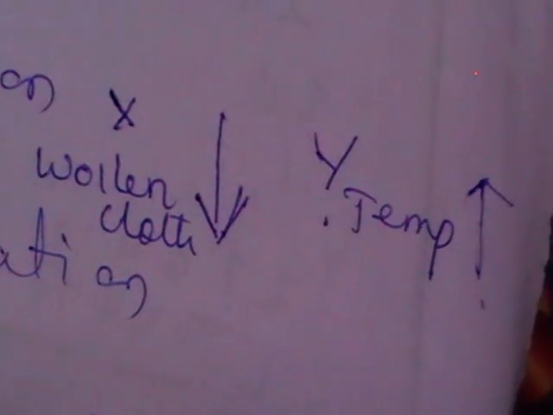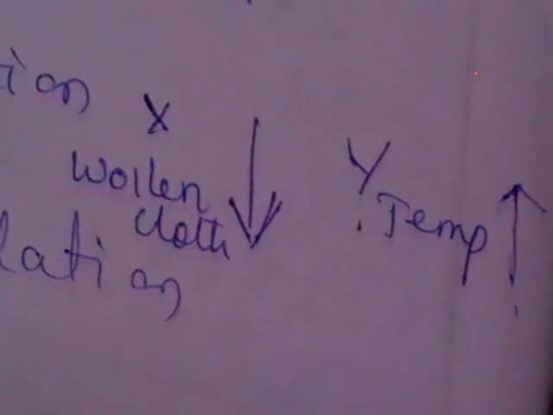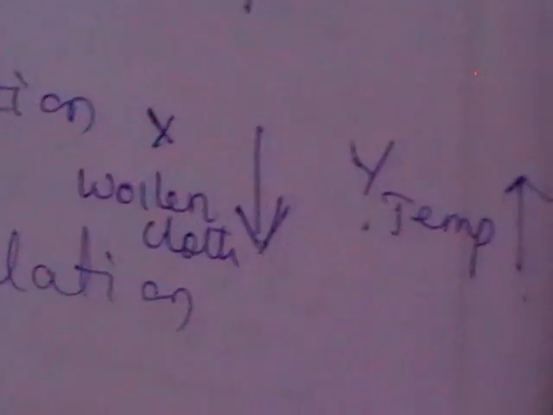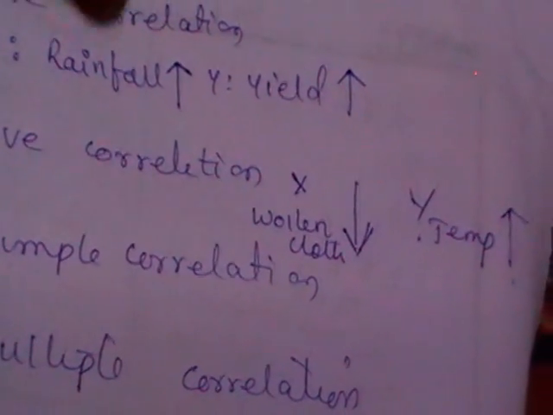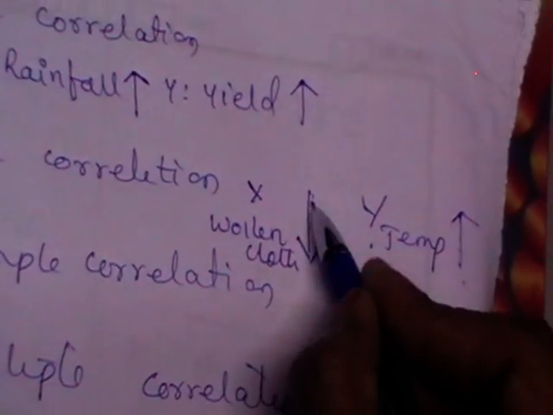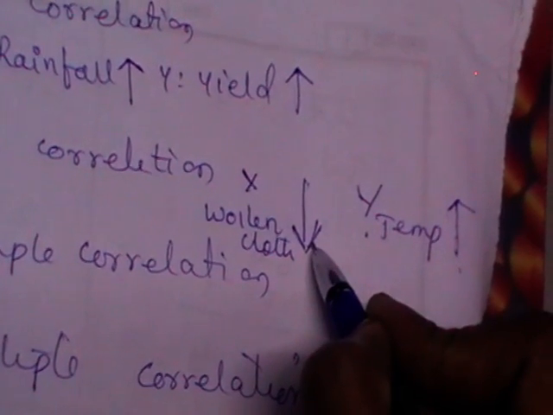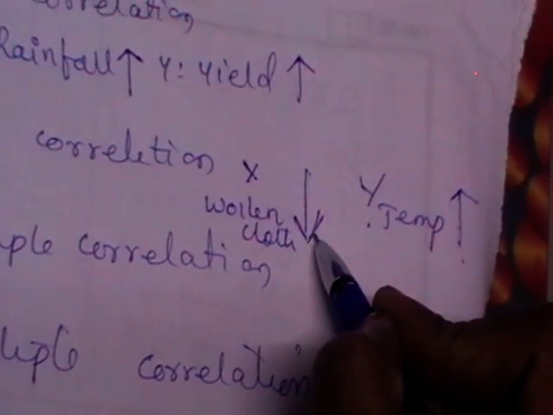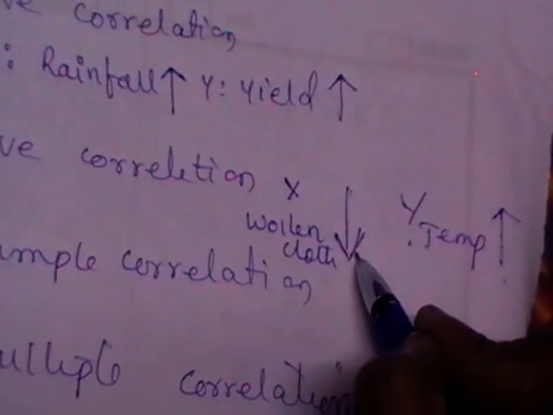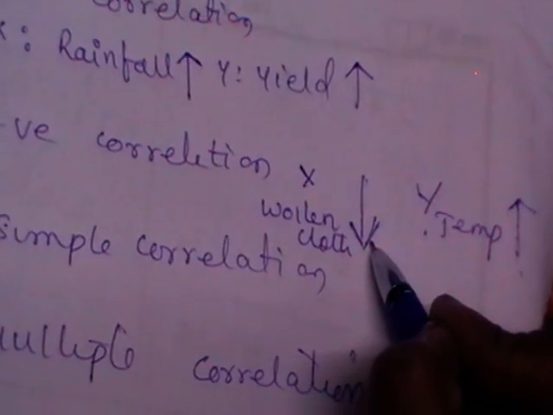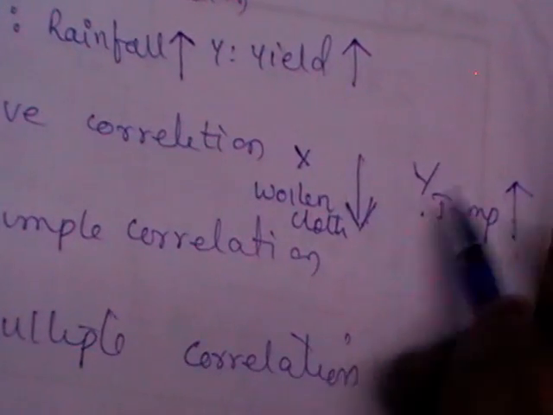In the first one, positive correlation, the changes are in the same direction. Unlike that, in negative correlation, if the increase in one variable produces a corresponding decrease in the other variable, that is, the changes in the two variables are in opposite directions, we call that the two variables are negatively correlated.